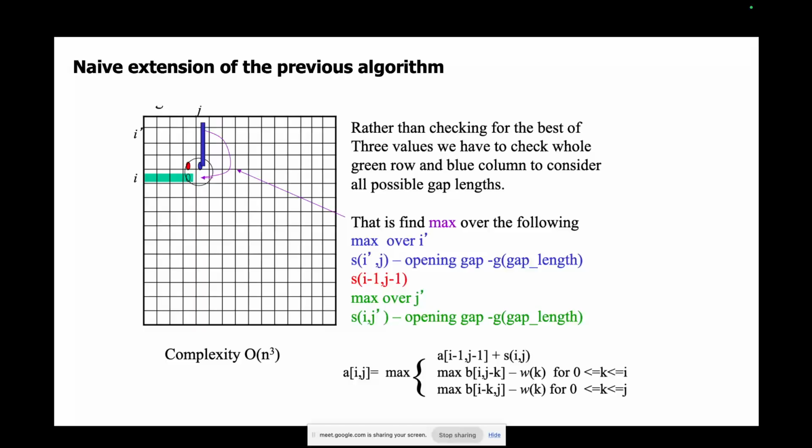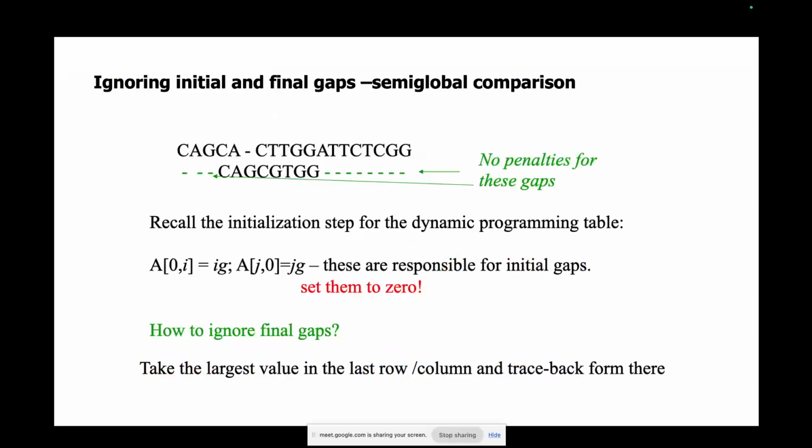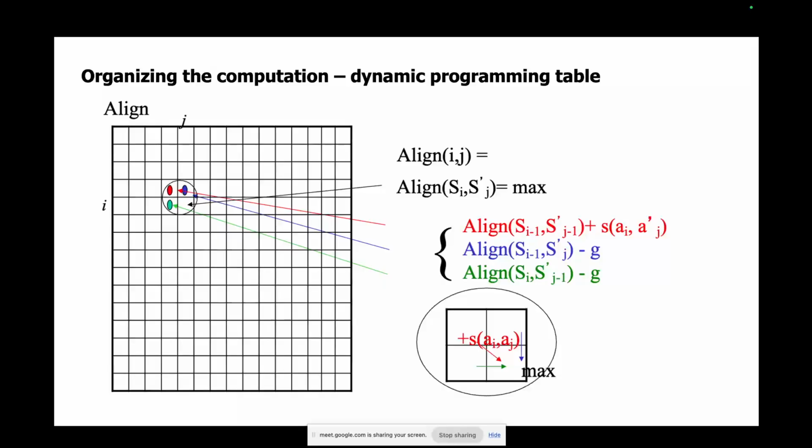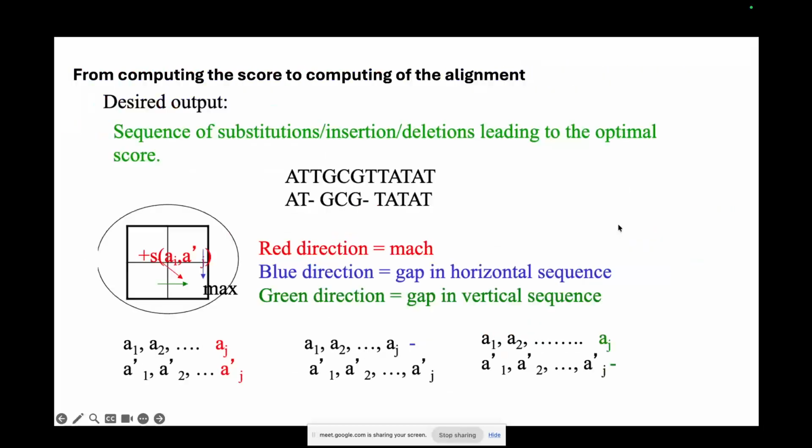Now, if you try to expand on the previous algorithm, what did we do? Let me go back here. To compute the score for i, j, we took the best possible combination of the three neighboring boxes here. We score all these combinations, and whichever is the maximum, we take that as the optimal alignment, right?